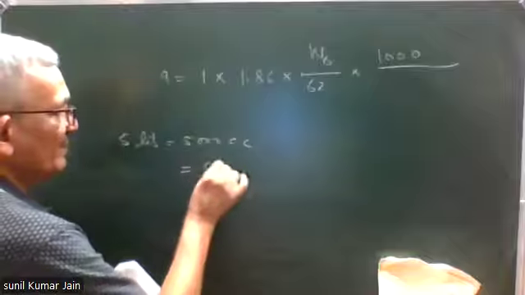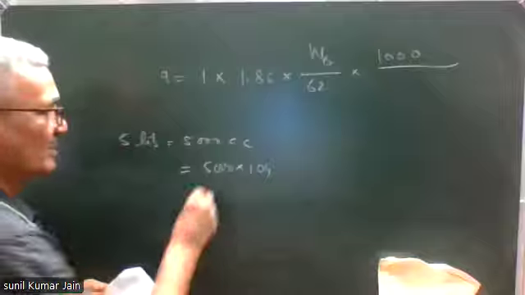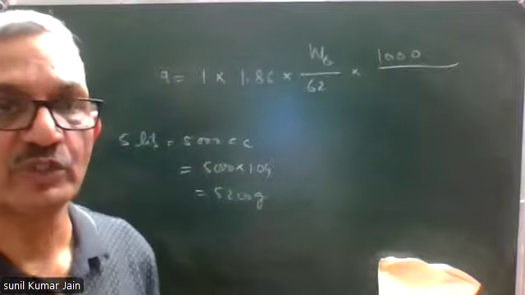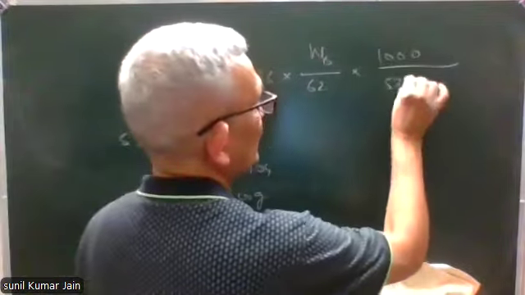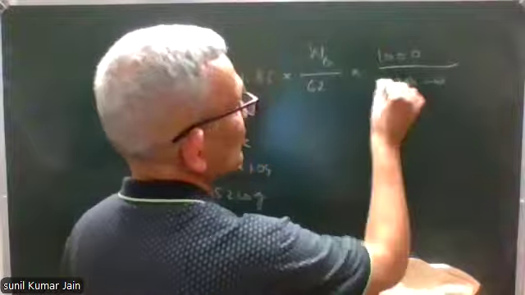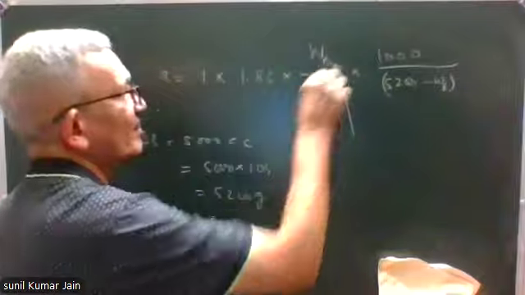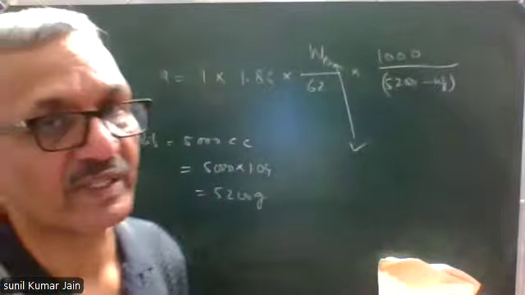Its weight will be volume into density. This will come out to 5200 grams. So weight of solution in the radiator is 5200 grams. So 5200 minus weight of solute will be the weight of water. Do the right substitution, and WB is weight of glycol required. That is your answer.